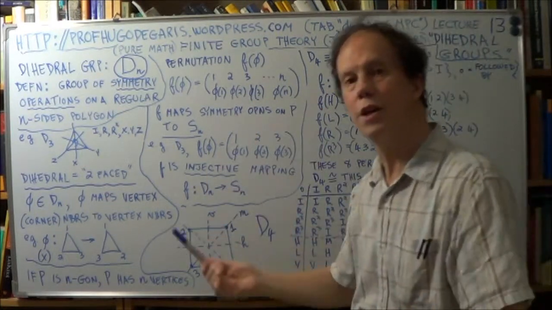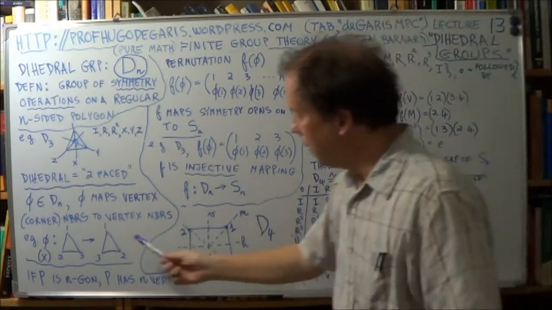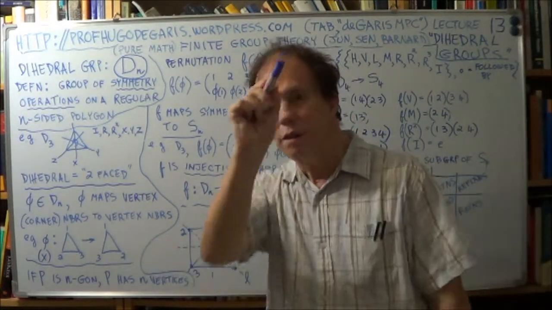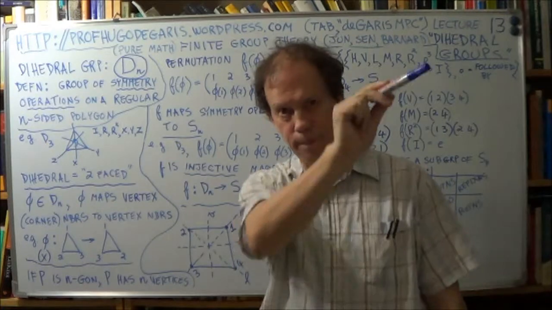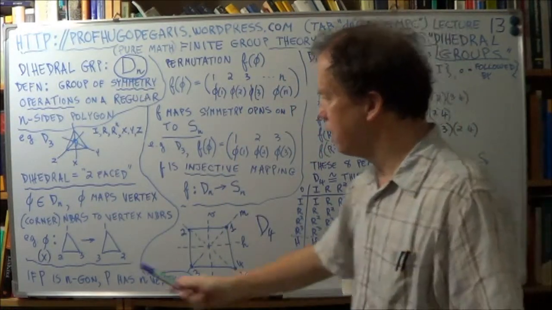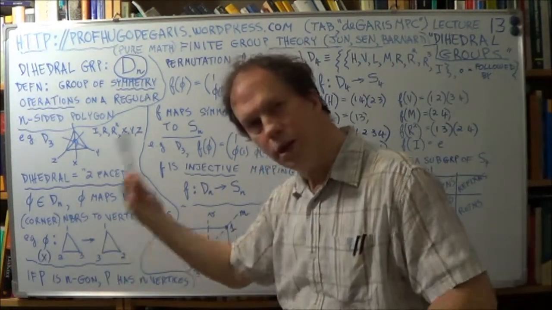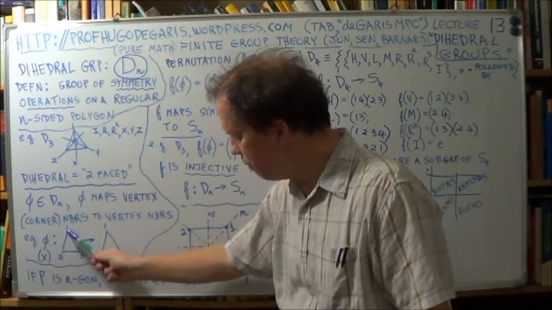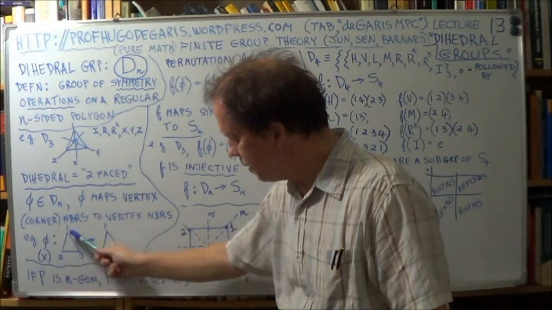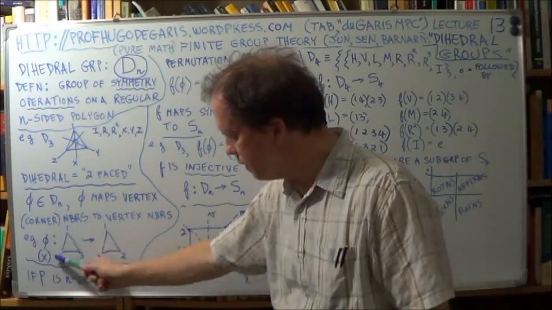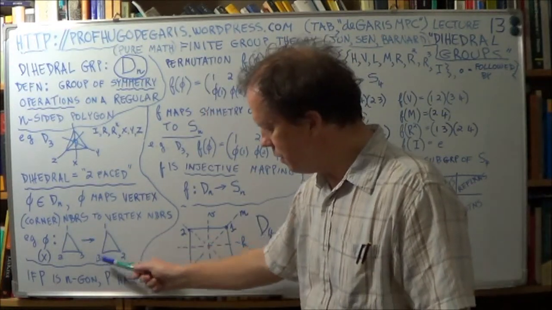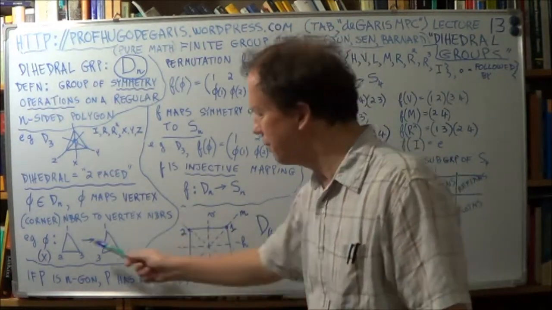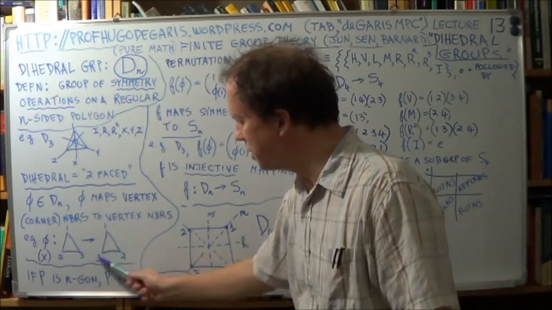Now let's generalize. We'll go to a polygon with n vertices, not just 3. But it's the same idea, same argument. Here's a function mapping a set of vertex numbers into the same set of vertex numbers, but these numbers will get rearranged.